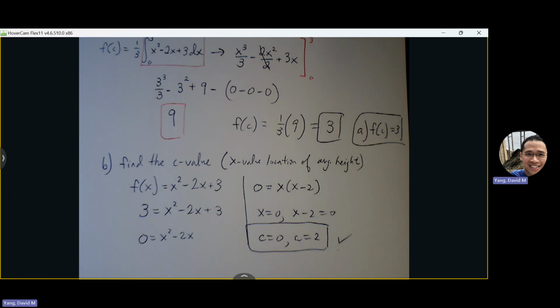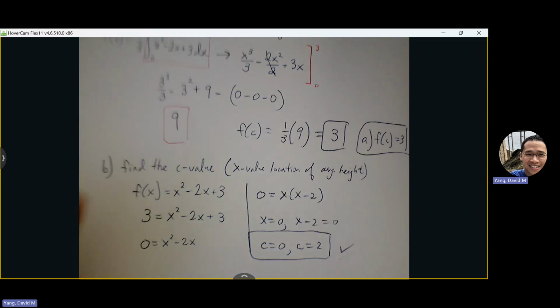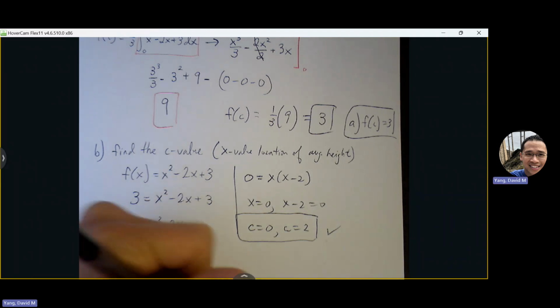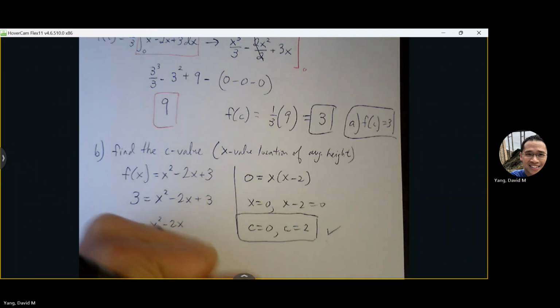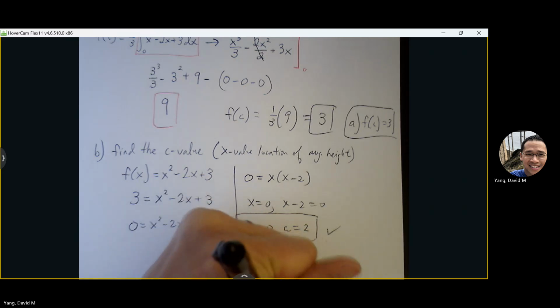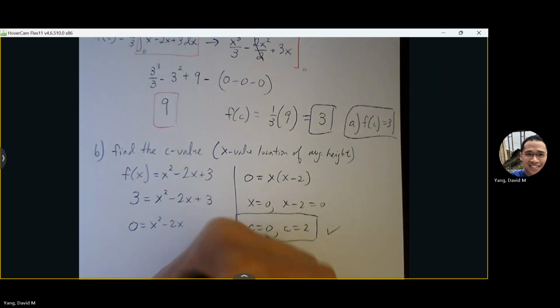Okay, number 2, average value as well. But this is with trig, so we need to recap our knowledge of unit circle values. Okay, everybody okay with 1?